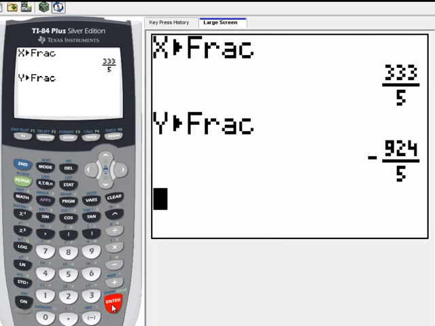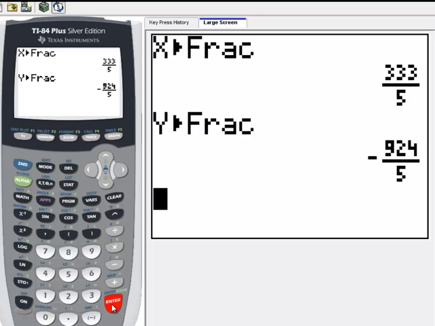Fraction, go. Okay, negative 924 over 5. And also in this case, you notice those decimal representations were only about 4 digits long, which indicated even those decimals were themselves exact. But okay, we can record either way in this case and be recording exact answers.